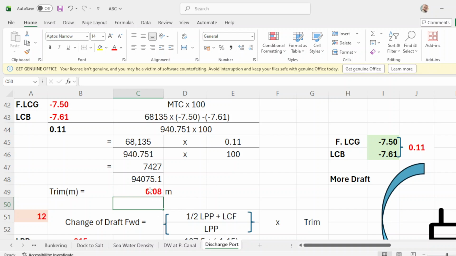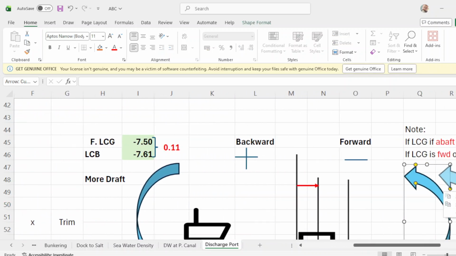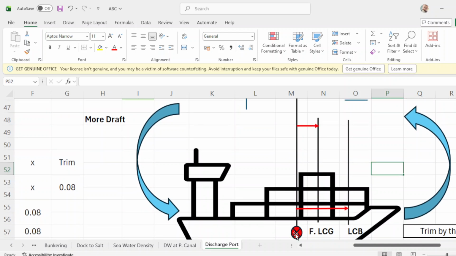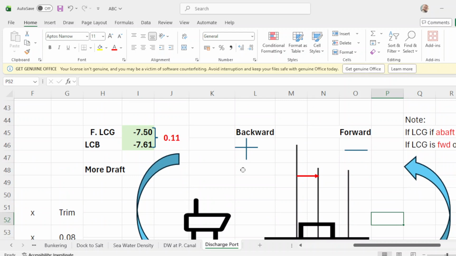When this is positive, meaning you are trimmed by the stern. Look, this is the amidship, and positive is the back part of your vessel. When negative, you are at the forward part of your vessel.